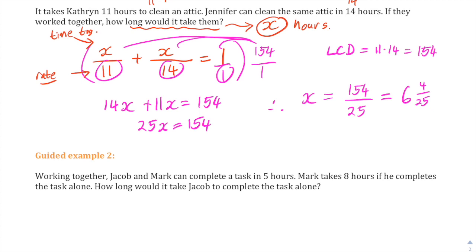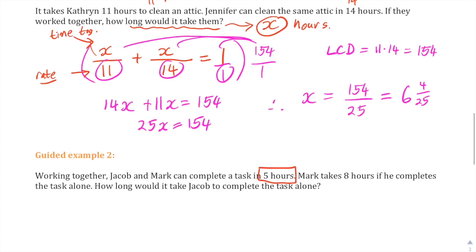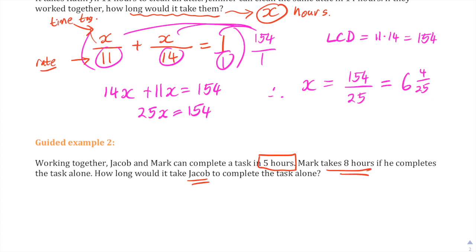In example number 1, our unknown was the amount of time they work together. You'll see in example number 2, the time that they work together is given, and Mark's rate is given, and what is unknown is Jacob's rate. And so the setup of the problem is the same principle, but we have to set it up slightly differently. In this case, our unknown is going to be in the denominator.